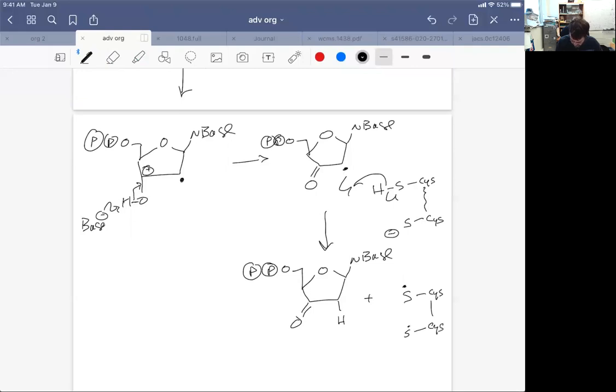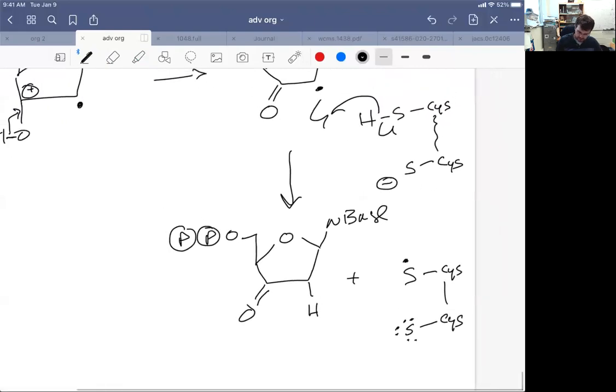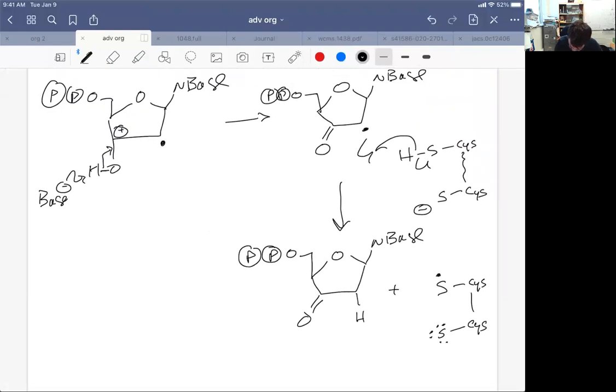Now, this took me a little bit of practice to draw. At this point, I'm going to zoom in here. I'm going to have a lone pair come down and a lone pair come down and 1 electron come down. And that's going to make a sulfur-sulfur radical, which is going to be helpful for the upcoming structure. Excuse me, a sulfur-sulfur bond.